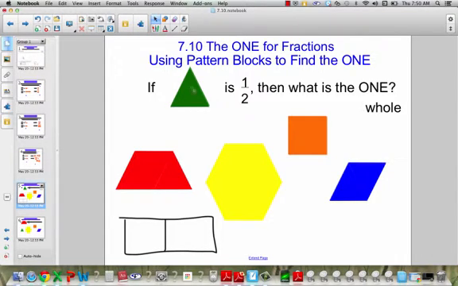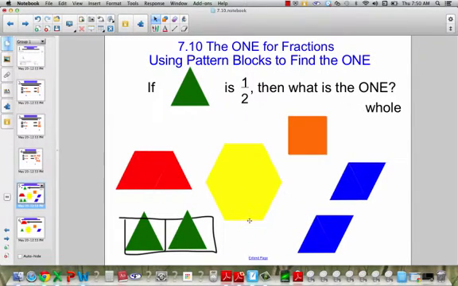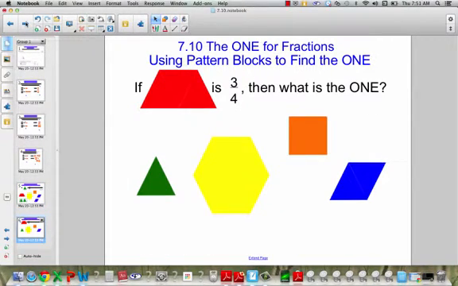So my half would be 1 triangle, and my whole would be 2 triangles. So I could either say it's 2 triangles, or I could say, well, 2 triangles equals a rhombus. Pause your board and try this one.